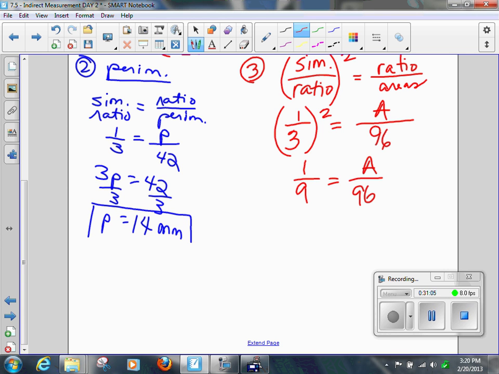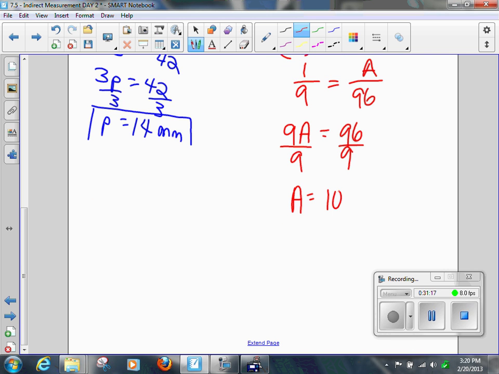Okay. Here we go. 9A is equal to 96. The area, what do you get? 10.6 repeating. Okay, we got it. Now, 0.6 repeating is what fraction?